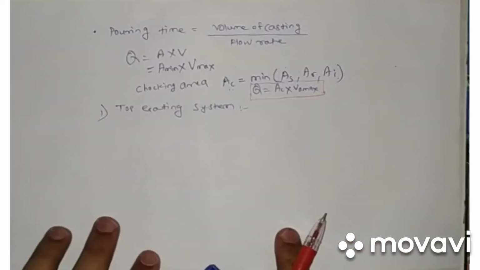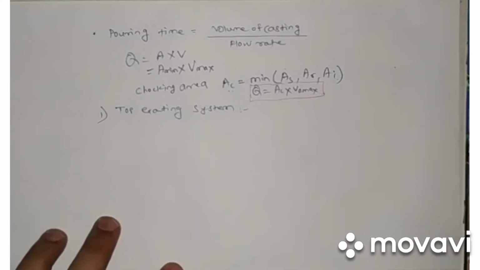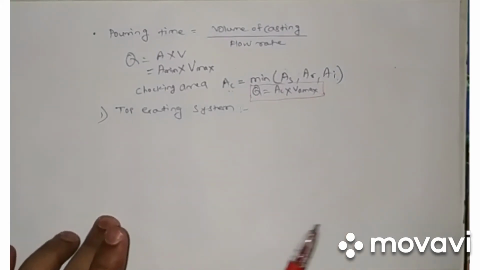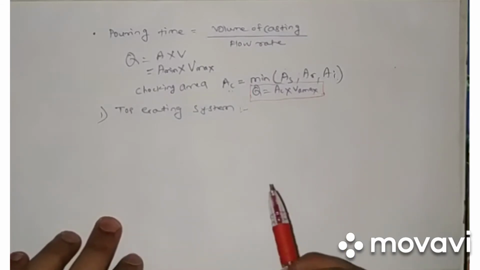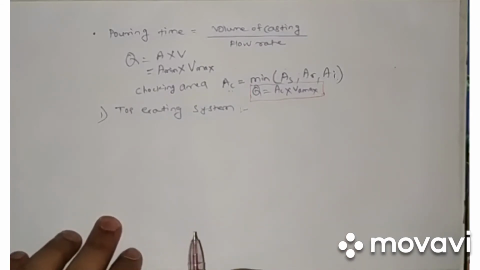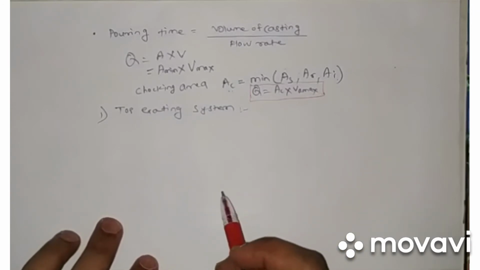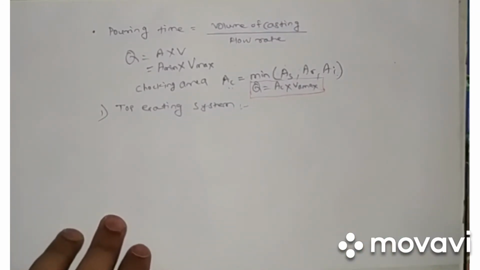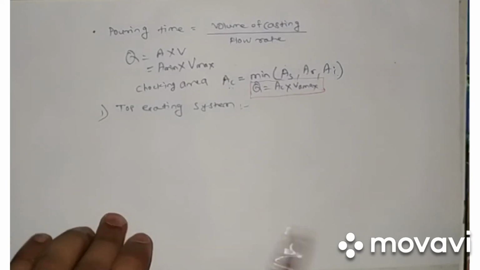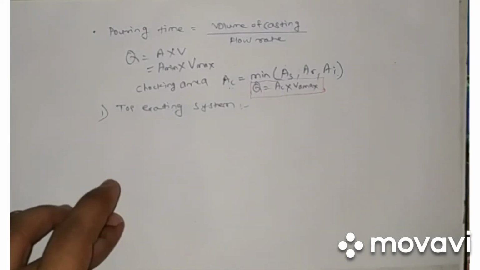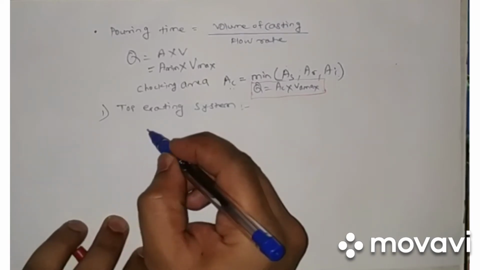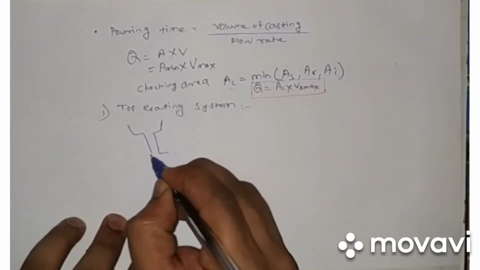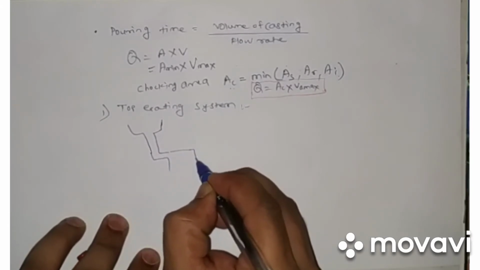Now, considering where the material is entering into the cavity, the gating system can be divided into another three parts. The first one is the top gating system. In the top gating system, the material is poured from the top section, and then it is entering into the cavity.